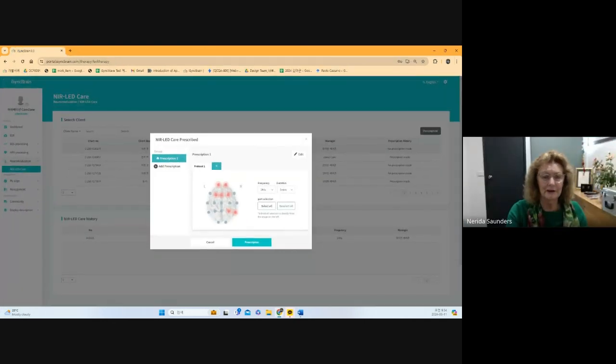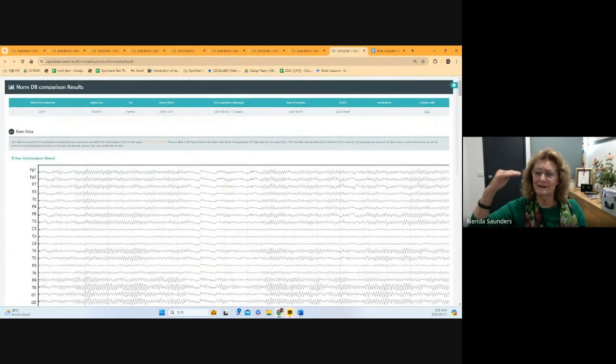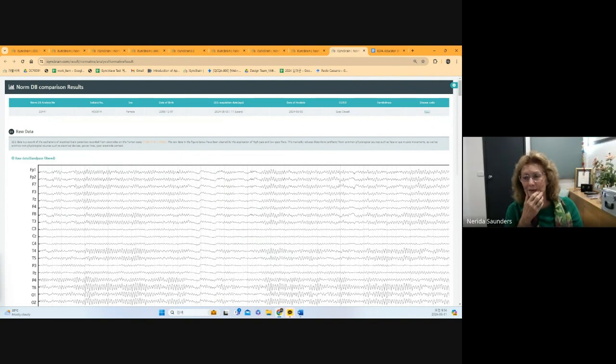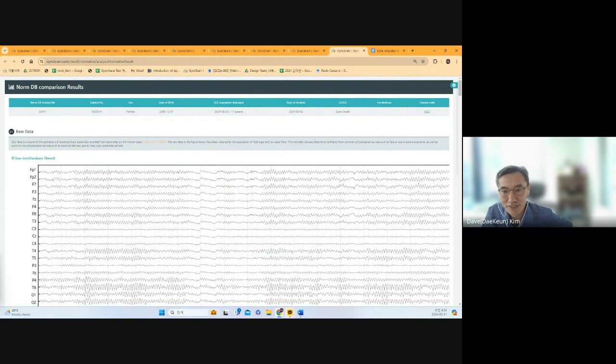Very good. And after she started showing improvement, would you then increase to like 12 hertz? Yes, we can tune the frequency a little bit, after we find some kind of efficacy.